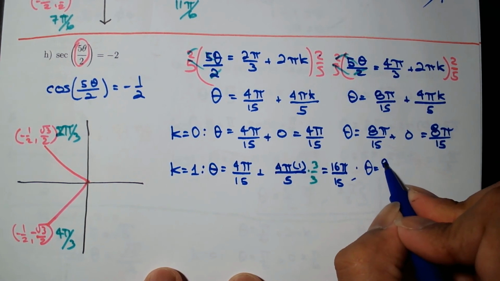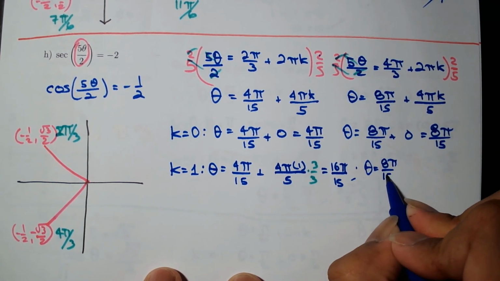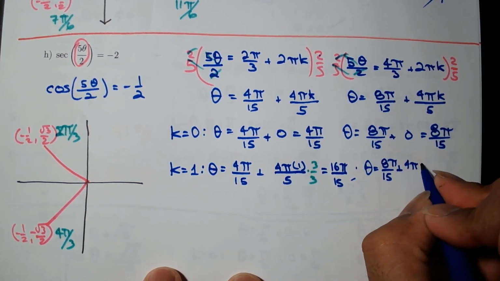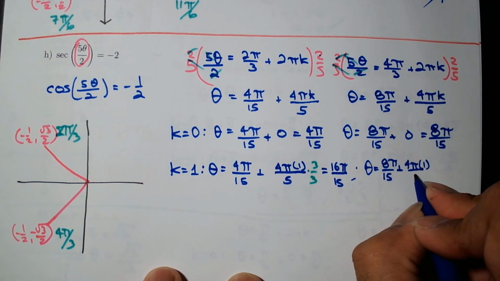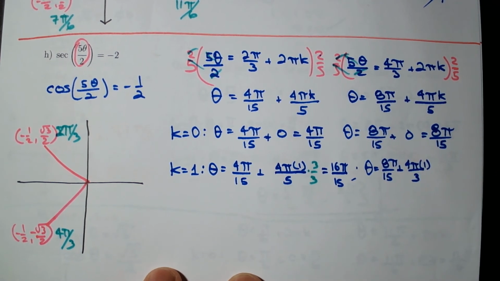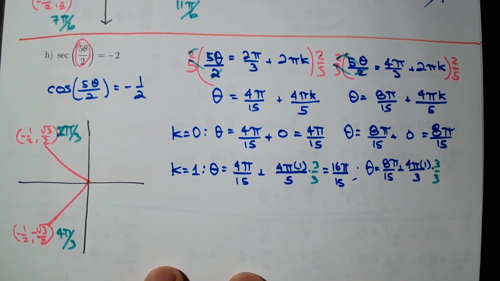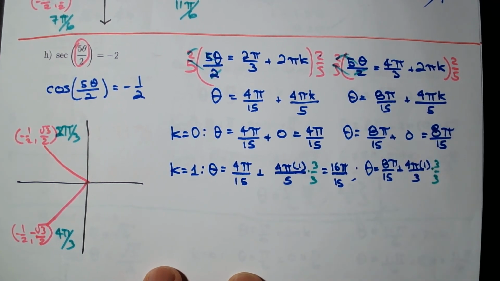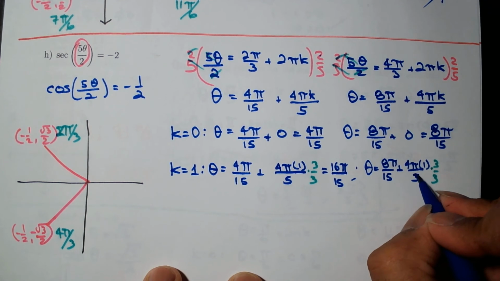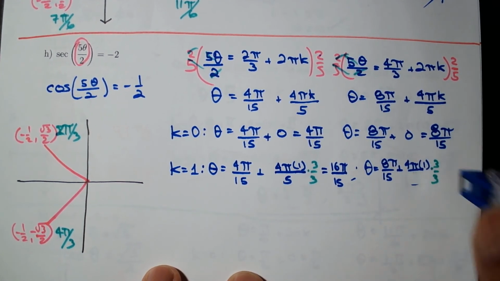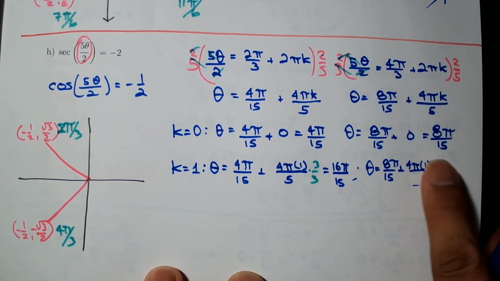theta equals 8 pi over 15 plus 4 pi over, oh, actually times 1 over 3. Well, actually not, that's not over 3, it's over 5. Okay, let me make this look like a 5. Let me fix this.